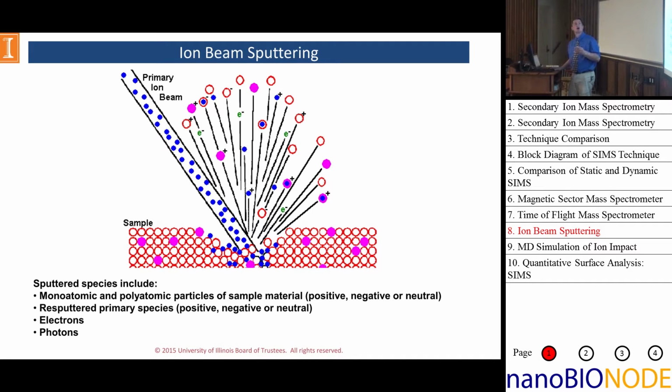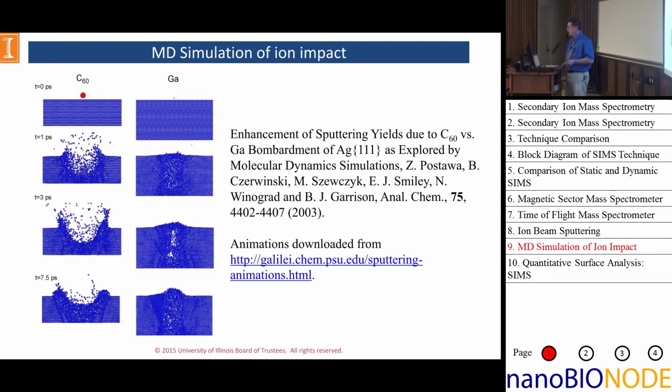One of them being the primary ion beam that is used. Now, from Penn State, Professor Garrison did some work looking at hitting a sample with C60 versus gallium and the type of damage that's done.